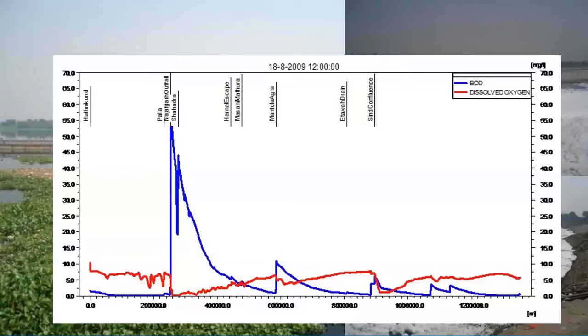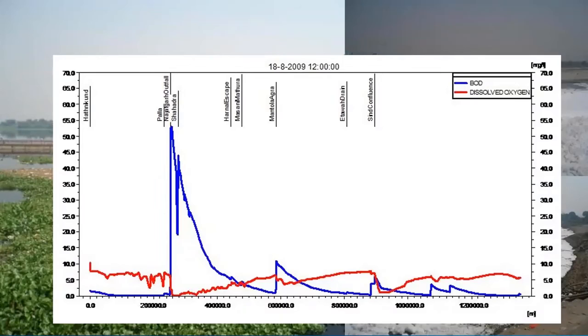Here we have used the models. It's a river model and it's a BOD-DO model. The blue line here is the BOD. So it comes from a level of maybe 2 milligrams BOD per liter, reduced to almost zero. Then it meets a wastewater treatment plant. The red line is oxygen.